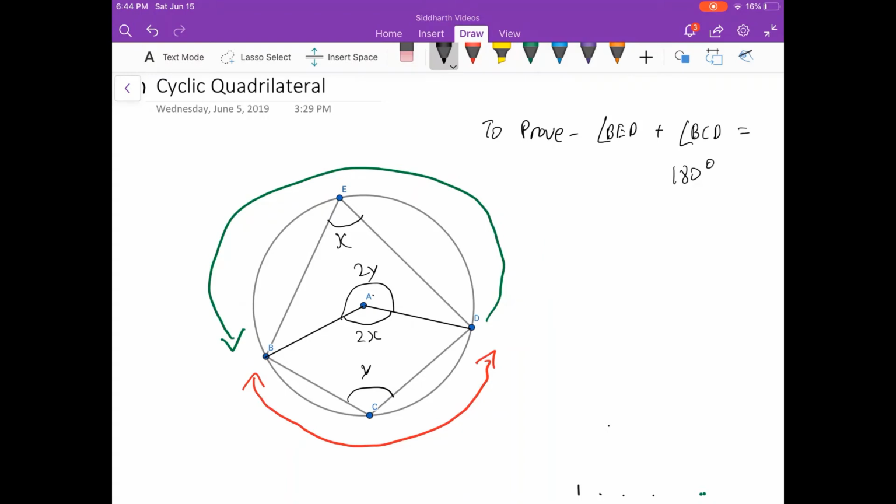Because both of them are angles around a point, their sum has to equal 360. After factoring the 2 out, we get 2 into x plus y equal to 360. And finally, after dividing by 2 on both the sides, we get x plus y equal to 180.